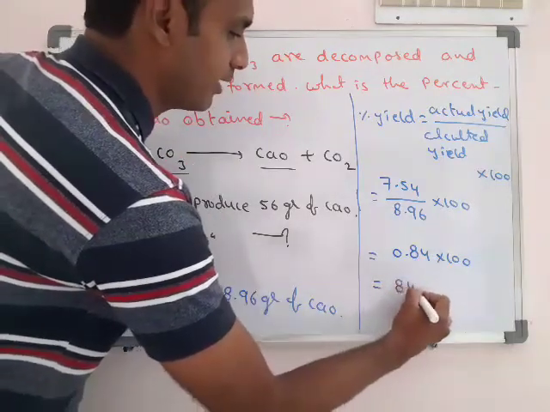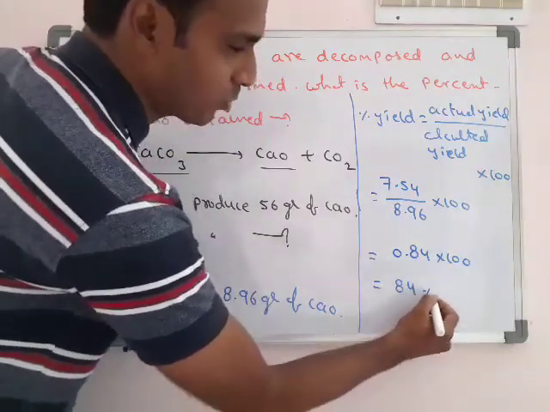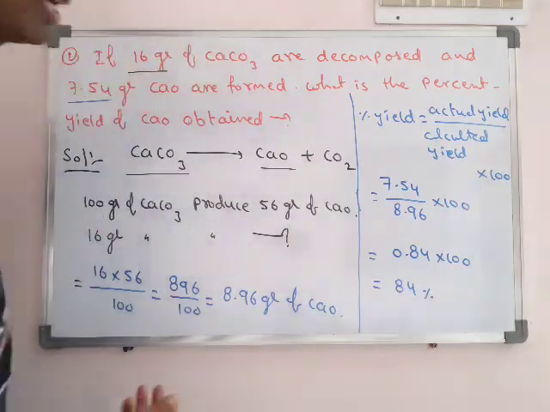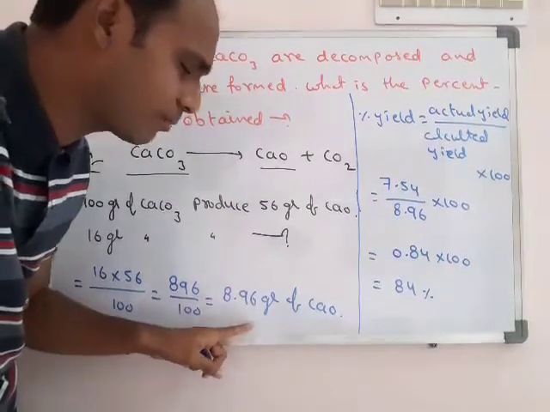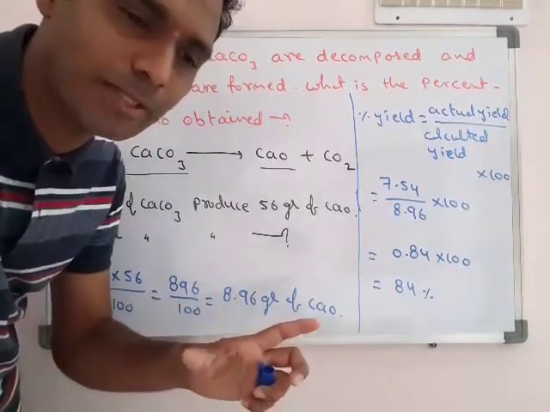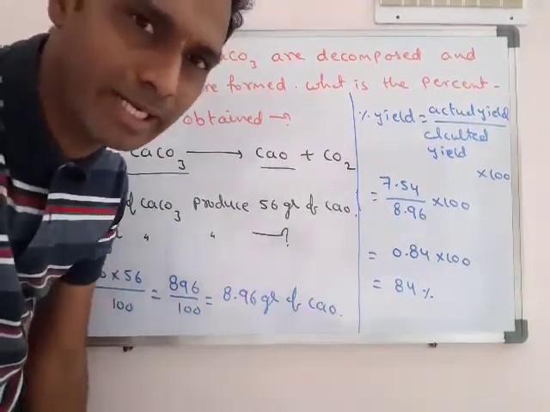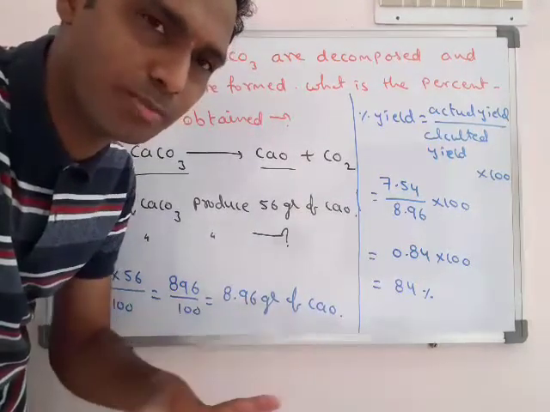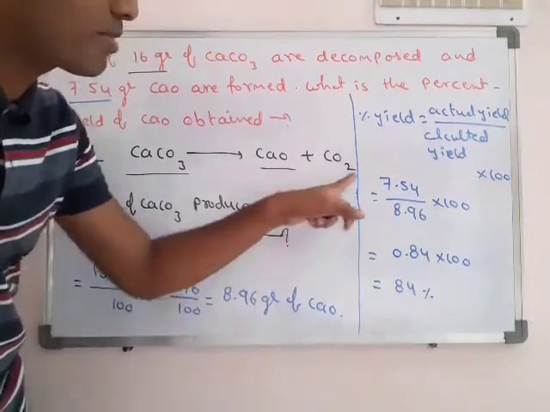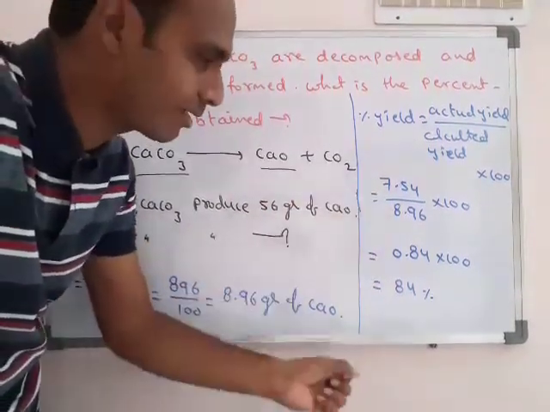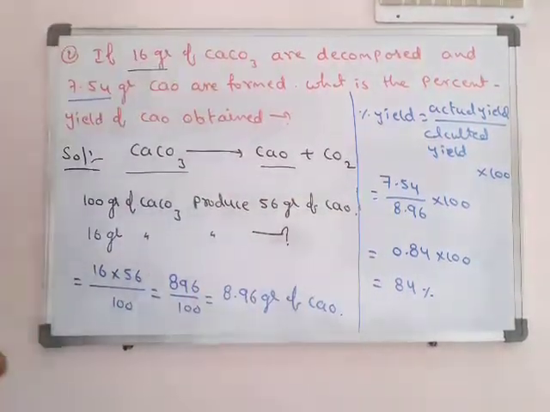Meaning here we are getting the percentage yield as 84%. Exactly, the formula gives 8.96, which we said is the 100% yield, but 100% is not possible. So for 8.96, it is just 7.54 that formed, and the percentage calculated is 84%.